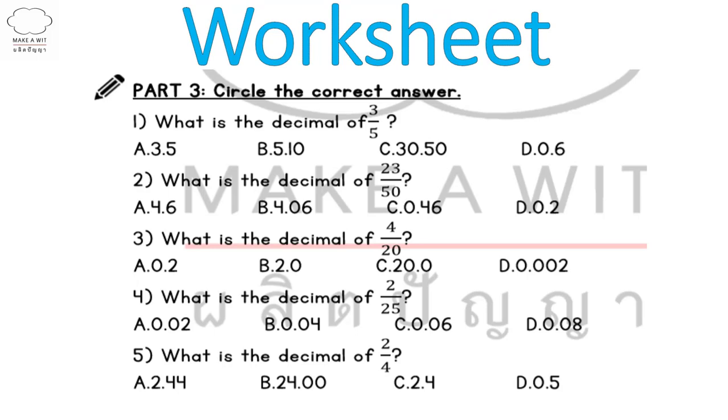Part number 3. Circle the correct answer. Number 1. What is the decimal of blah blah blah? Choose only one answer, the answer that's correct, from number 1 to number 10. Okay? I believe that everybody can do it.